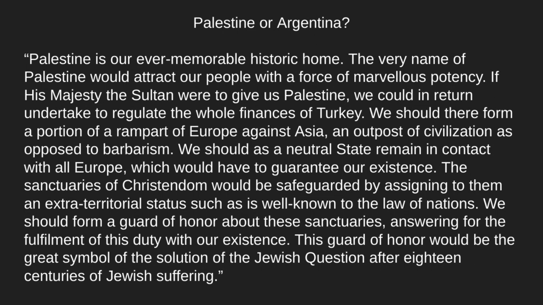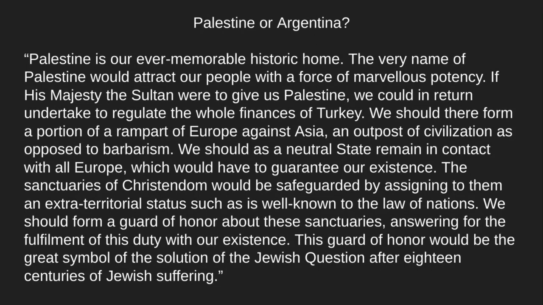And so he's suggesting that Jews who formed this independent state in Palestine would also be serving European Christians, in addition to European political powers, white European hegemony in a context of what he's articulating as barbarism. But also he's saying that we're going to be doing European Christians a favor as well, because we will safeguard the Christian history in Palestine also.